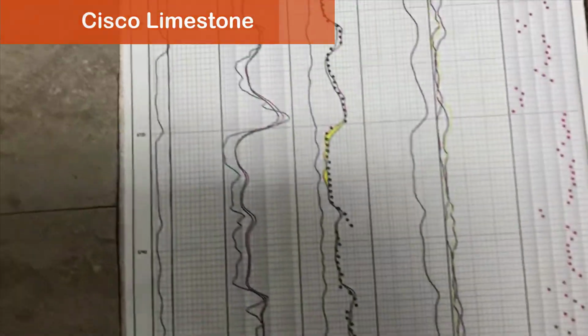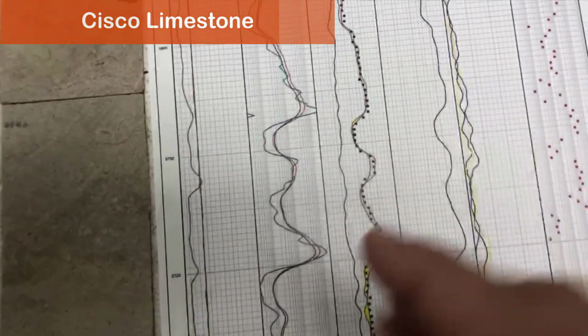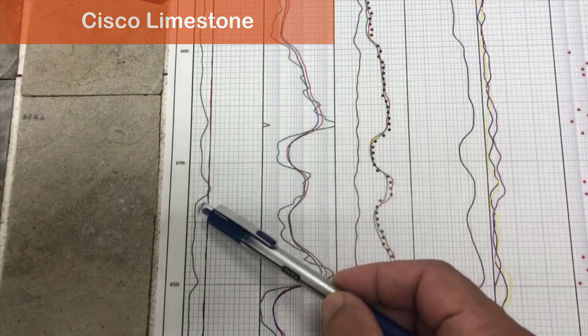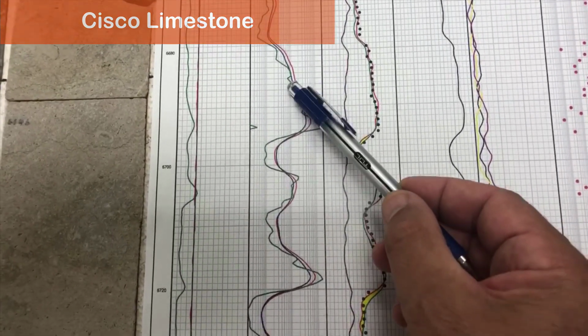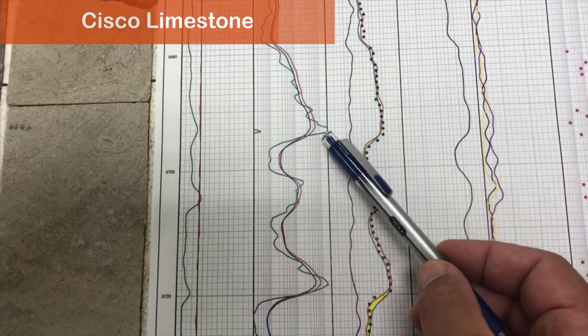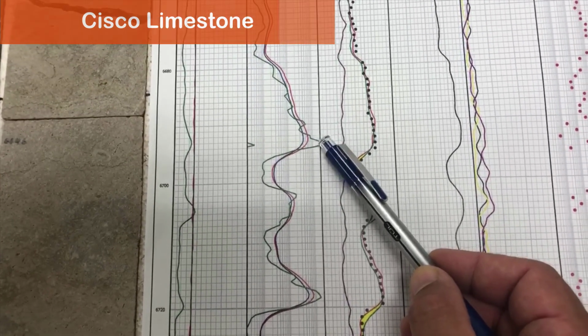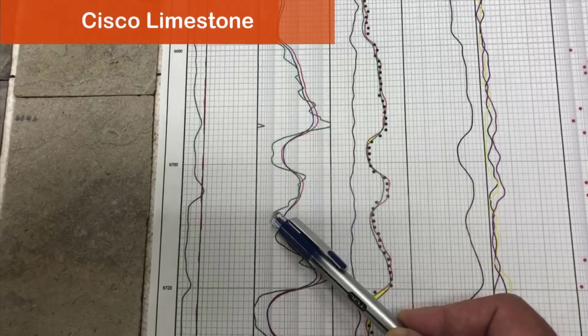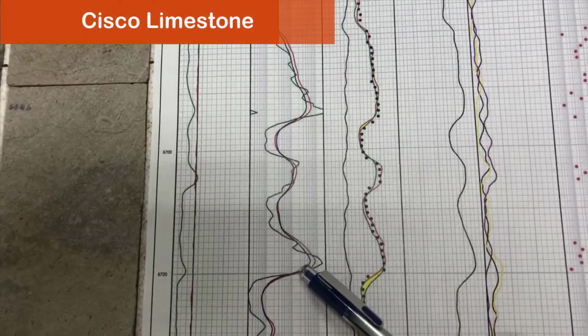Here's an interesting section of the rock. If you look at the well logs over here, this is the resistivity log, gamma ray log. And so what we see on the resistivity logs is that we have a spike of resistivity right here, then we have a decrease, and another increase, another decrease, and another increase.